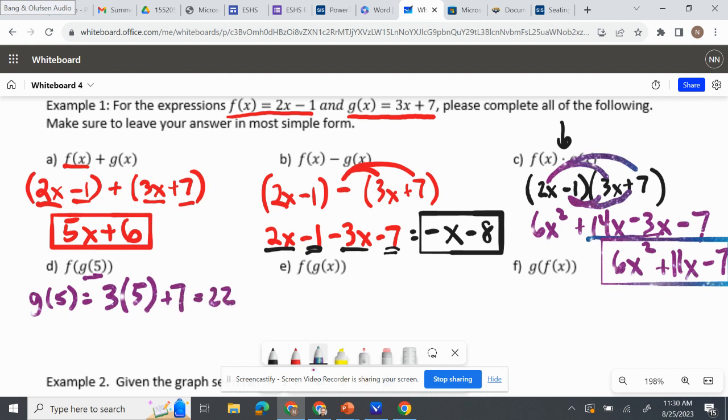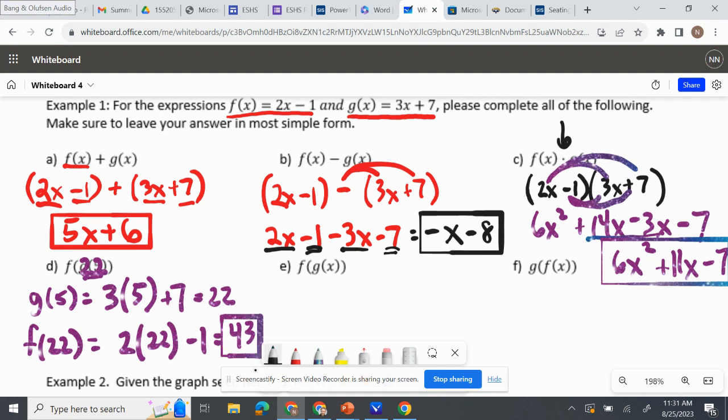So now that this is 22, I'm going to plug it into my f equation. So I'm finding f of 22. So I have 2 times 22 minus 1. 2 times 22 is 44, minus 1 is 43, and that's going to be my final answer.